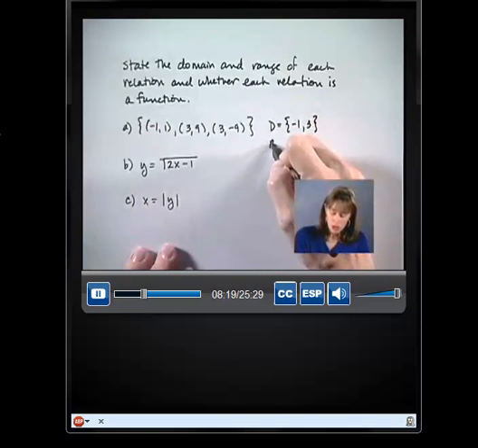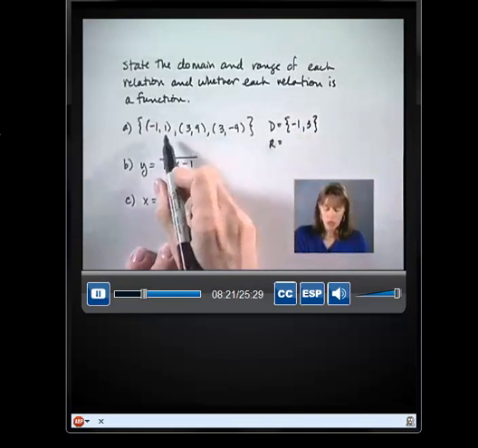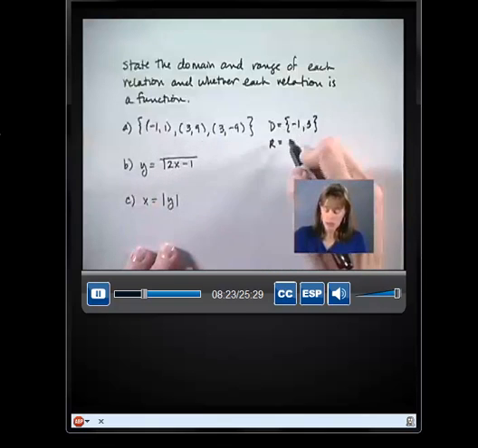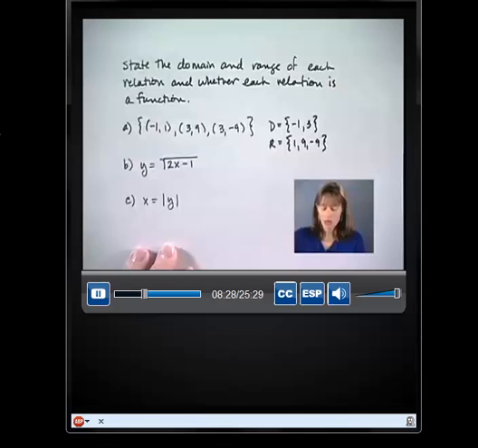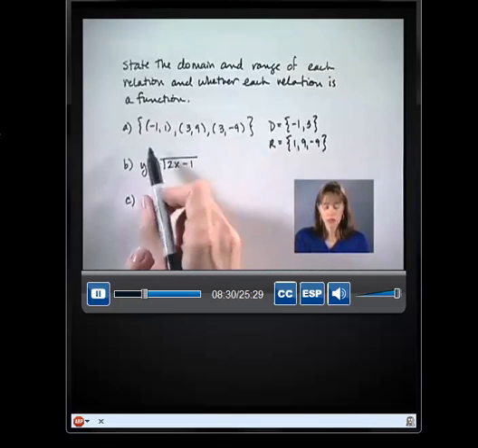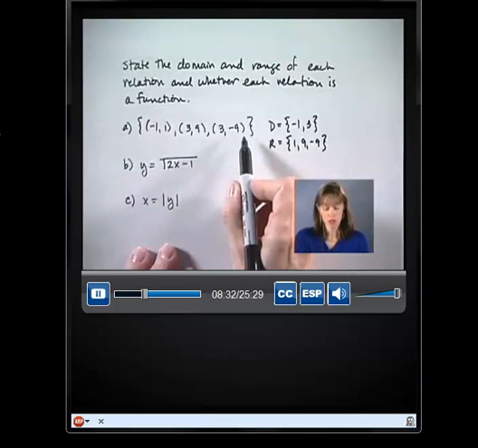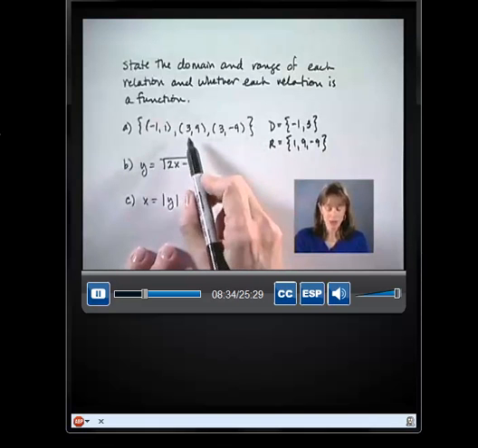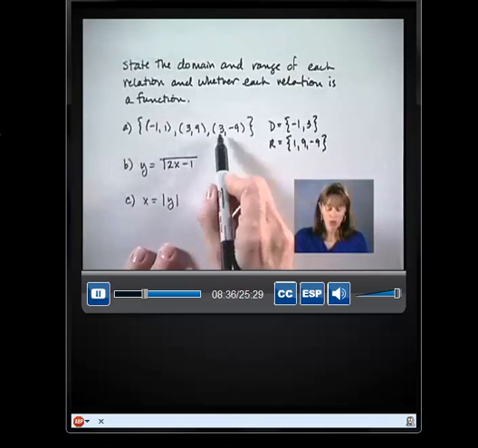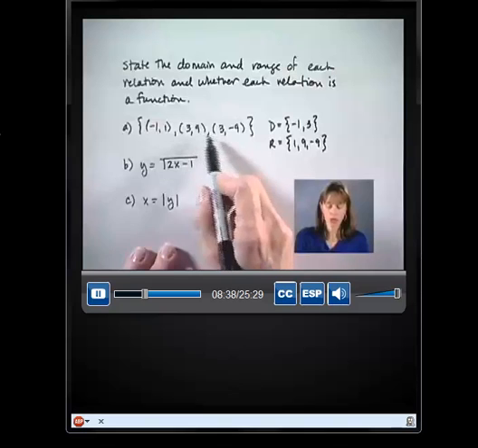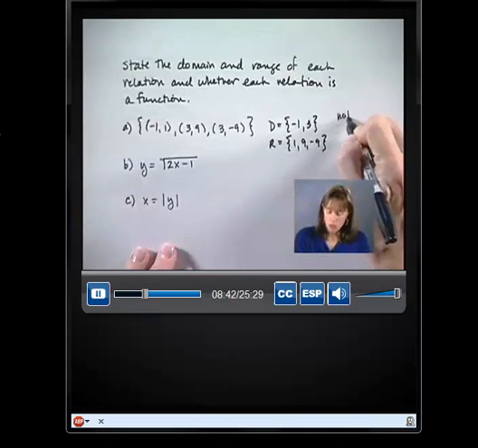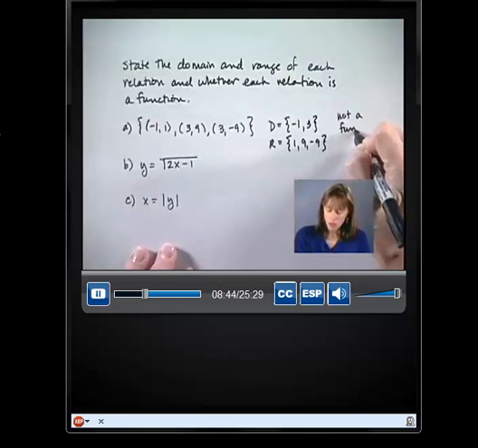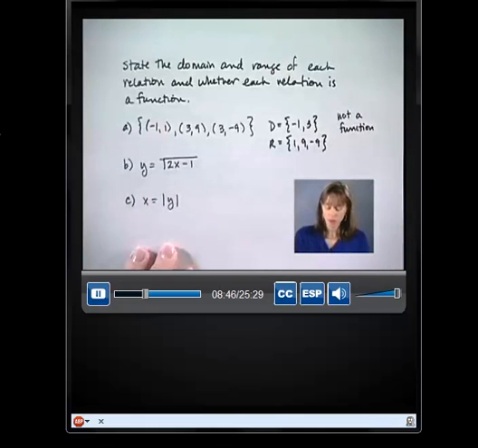The range is the set of second coordinates, and that will contain 1, 9, and -9, all the unique second coordinates. Now I want to determine if this first relation is a function. I see that it is not a function because the first coordinate 3 corresponds to two different second coordinates.